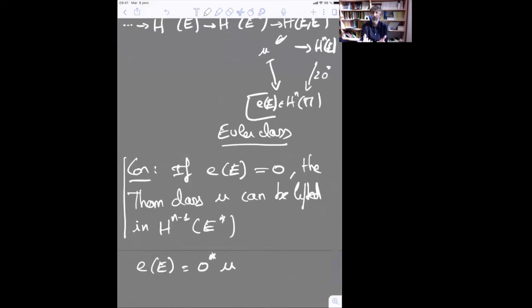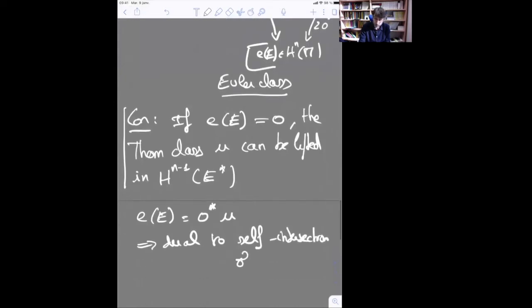So you pull back the zero section by the zero section. So you are computing the self-intersection of the zero section. So it's dual to the self-intersection of the zero section. So you have the zero section from M to E.